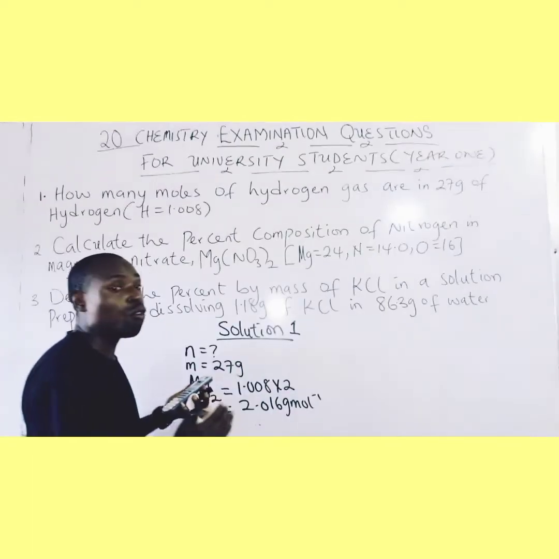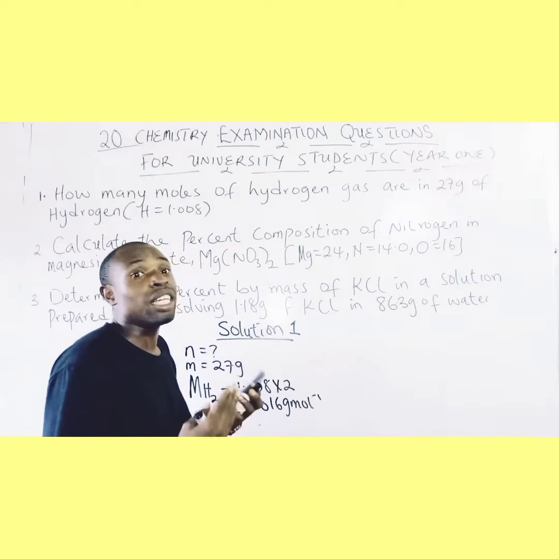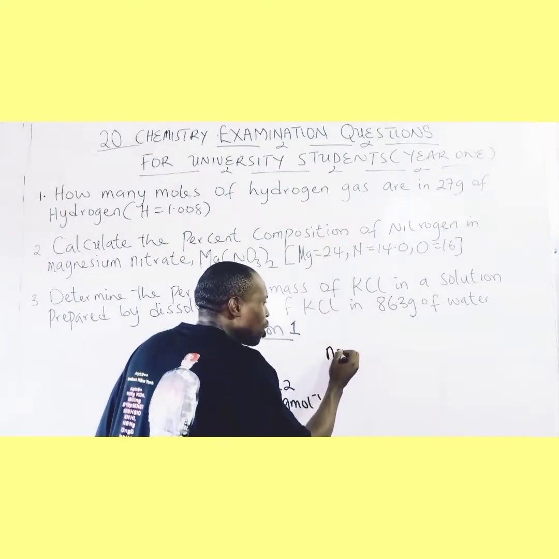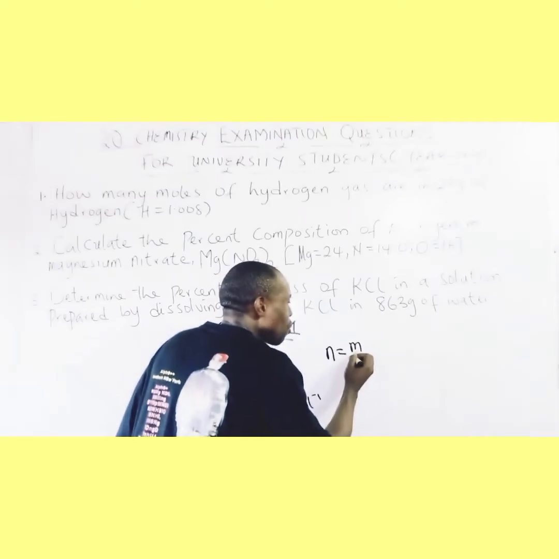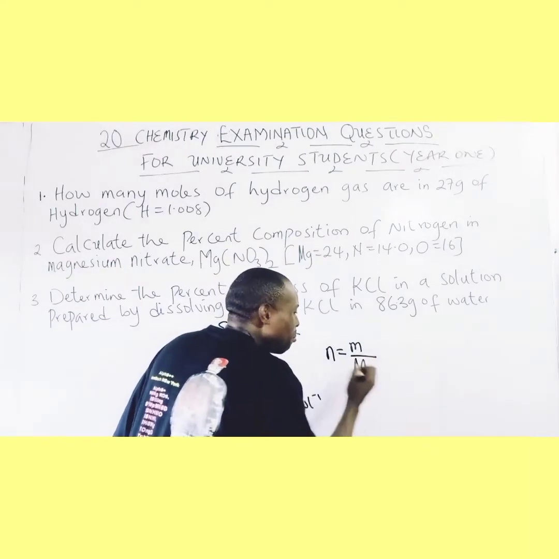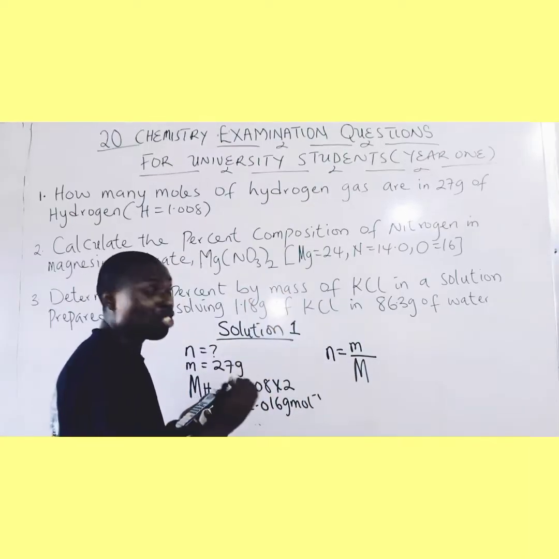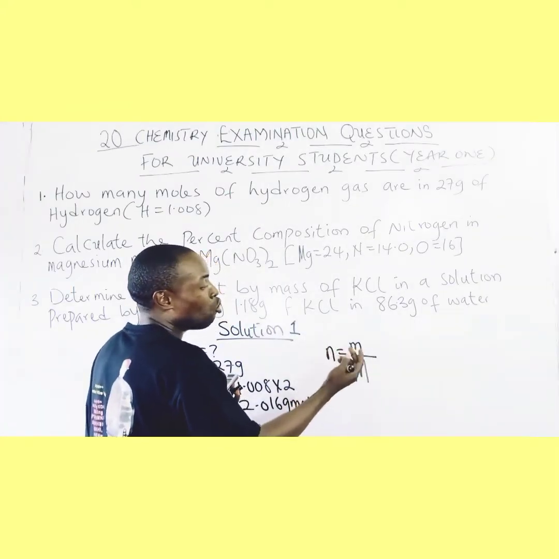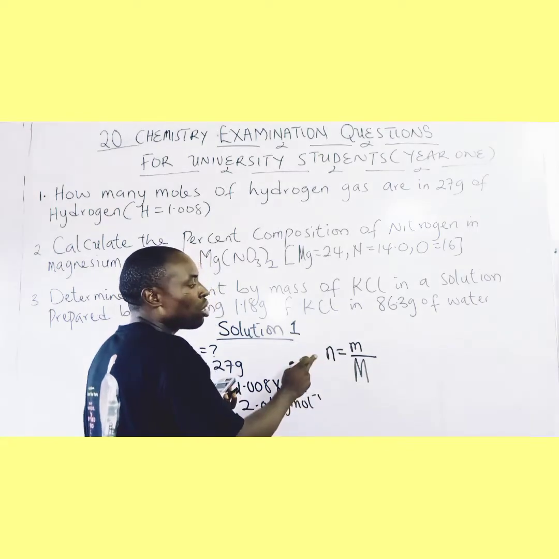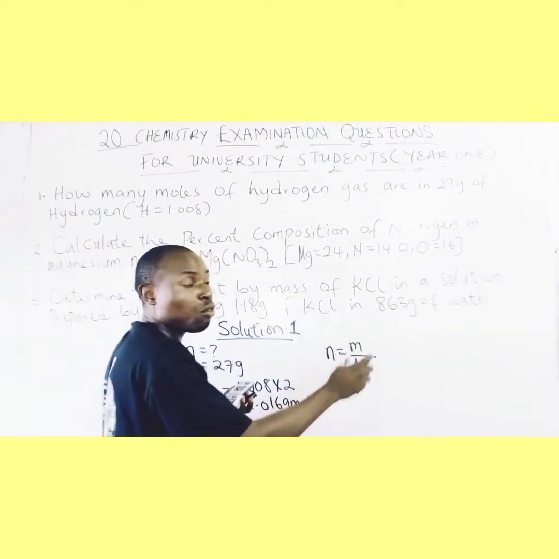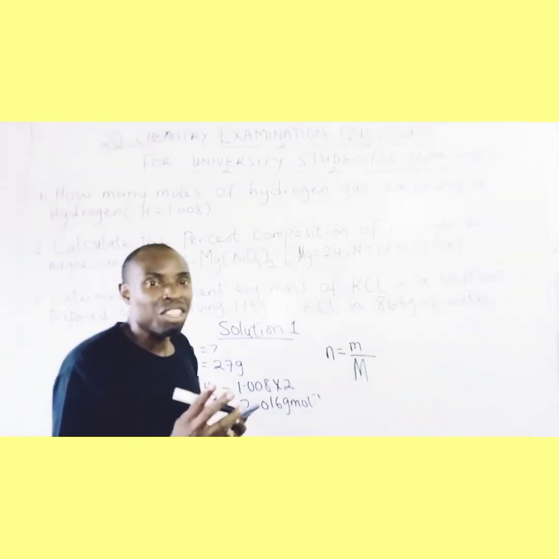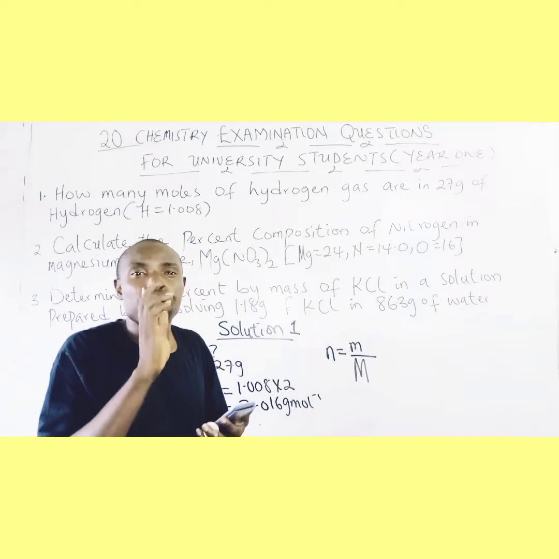Do not waste that, for those of us doing objective questions. Remember that number of moles is equal to mass over molar mass. There are some questions where you are given the number of moles and the mass and asked to calculate the molar mass. Just know that this is the bedrock: number of moles is equal to mass in grams over molar mass in grams per mole.